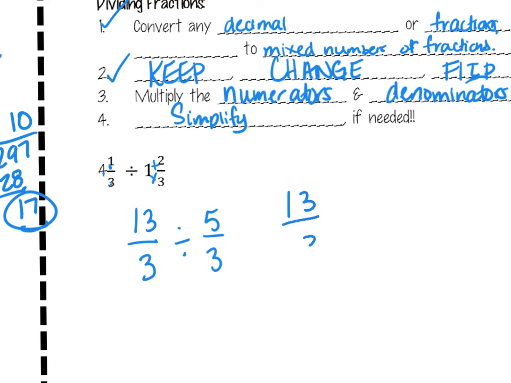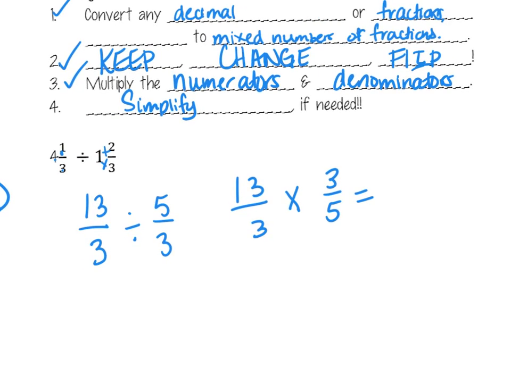Keep, change the sign, and flip the fraction. Now, boom. Multiply the numerators. I like to simplify. We don't have to. You could simplify. You could go here and here if you wanted. Or you could just do 13 times 3. 13 times 1, though, is 13 because I'm going to do it.